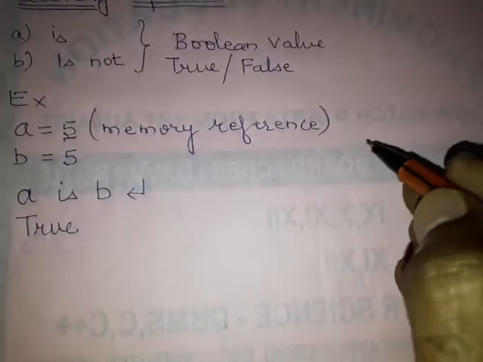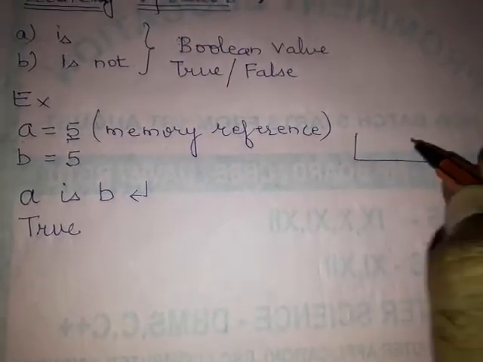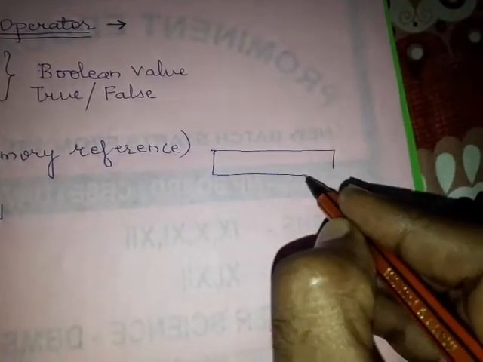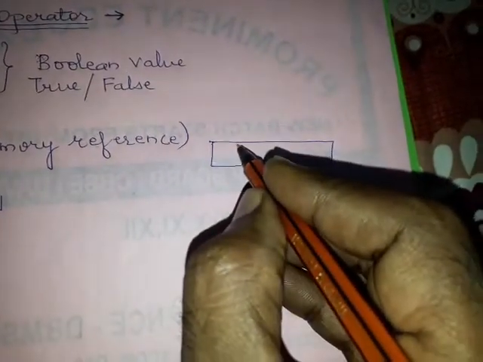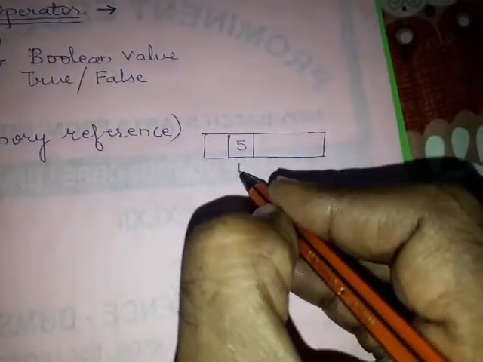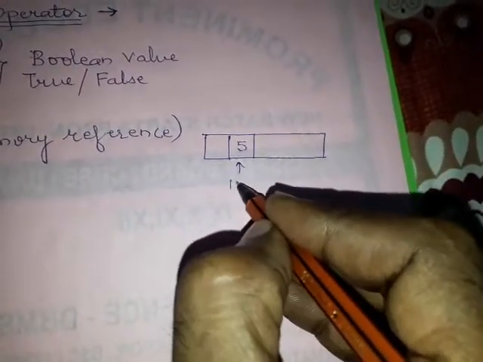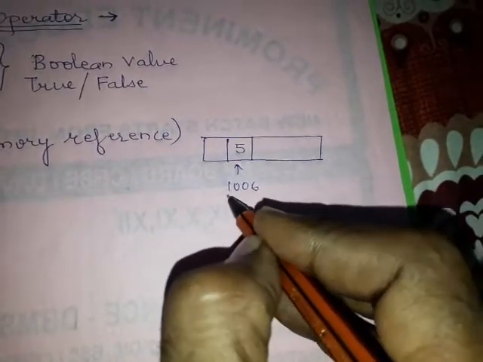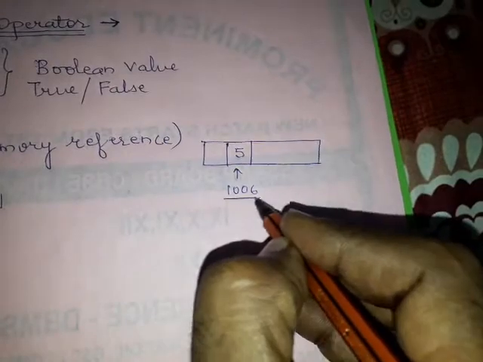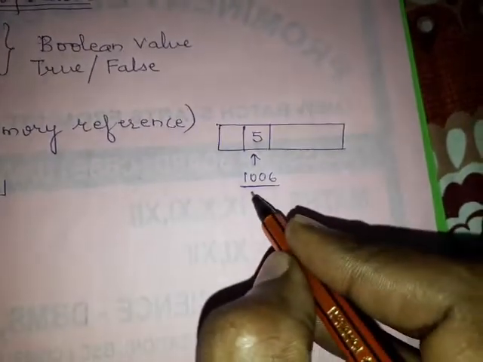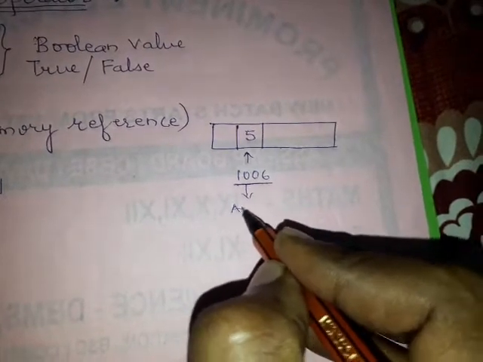Suppose this is your memory. Here the value 5 is stored, and this 5 has an address 1006. This is not the actual address, I am just showing you by giving an example.